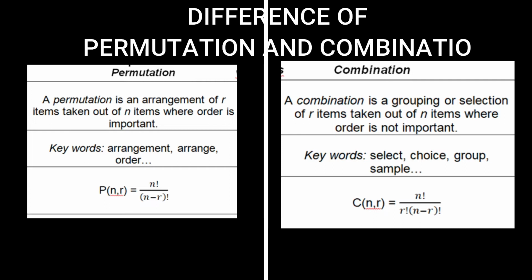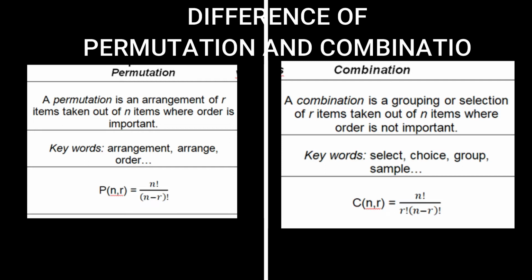So pag pinili natin si student A at saka si student B, ang una nating pinili ay si student A, ang second ay si student B. Baliktad natin, pinili natin si student B as the first choice and si student A as the second choice. So, ganun pa rin ang the same person pa rin ang pinili natin, si A and B. So, that is an example of combination.